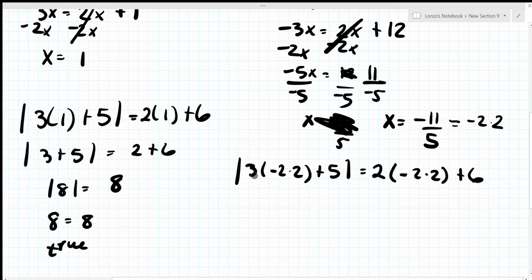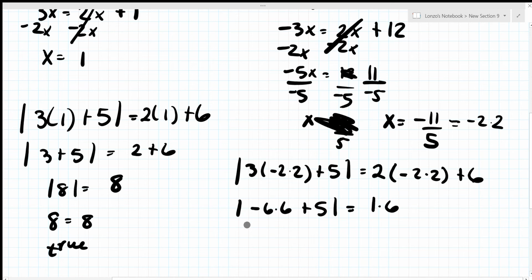Let's see, 3 times negative 2.2 is negative 6.6, plus 5, equals 2 times negative 2.2 plus 6, which is 1.6.